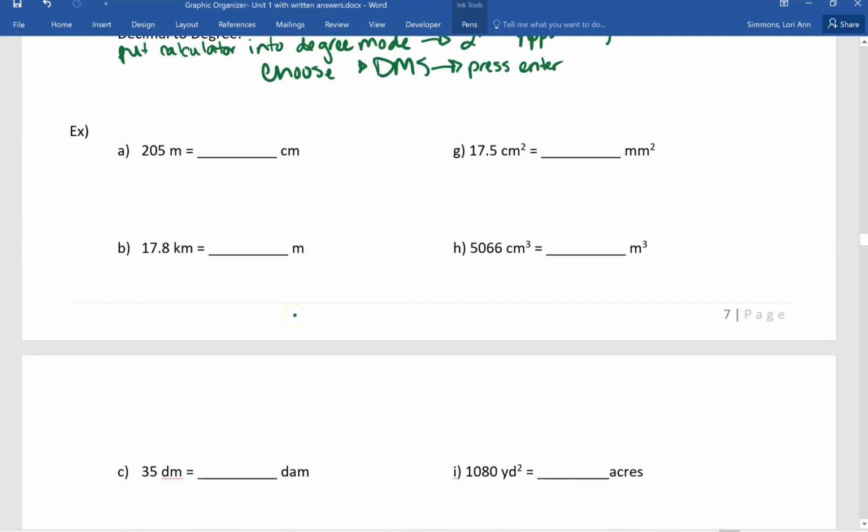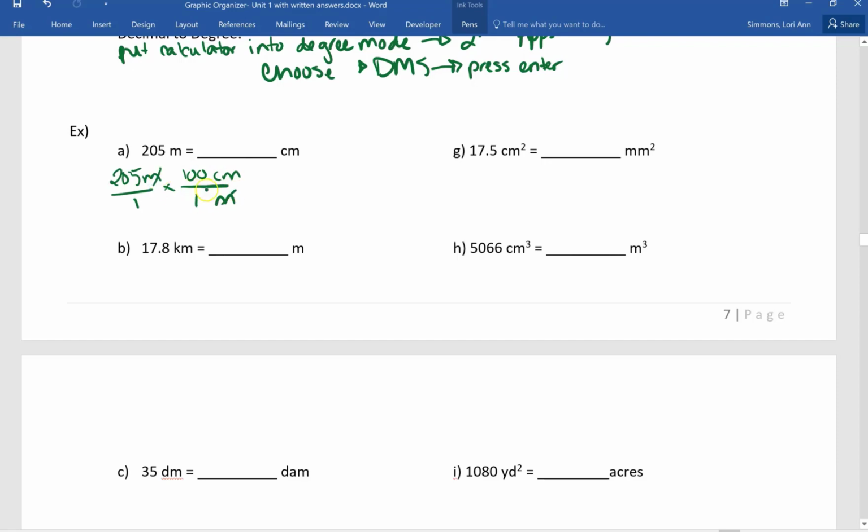Let's start with A. 205 meters. So let's put 205 meters over 1. And we want to go from meters to centimeters. So meters need to go on the bottom. 1 meter, and if we look back up at our conversion, is 100 centimeters.